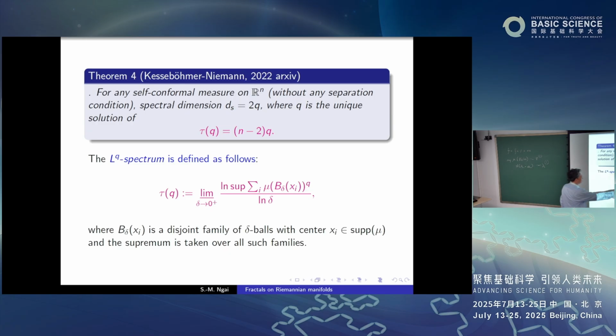You take the sum over a packing of disjoint balls with centers in the support of the measure, raise the measure to the power q, and take the sum.